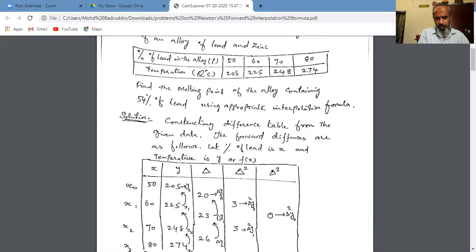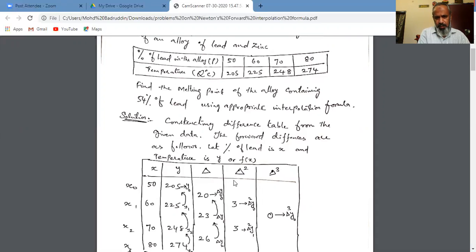Similarly, this is delta Y1, Y2 minus Y1, which is 248 minus 225, equal to 23. Similarly, this value is delta Y2, Y3 minus Y2. So these are the first forward differences, which we denote by delta Y or delta f of x.